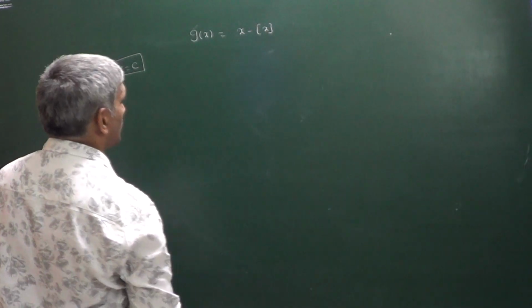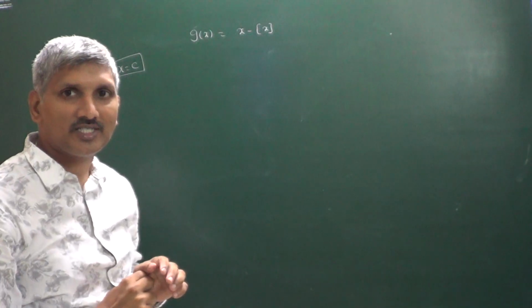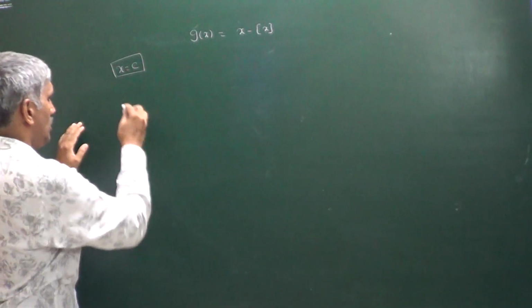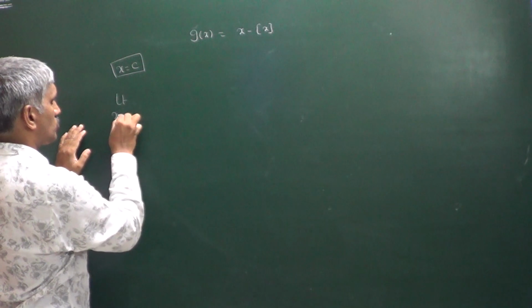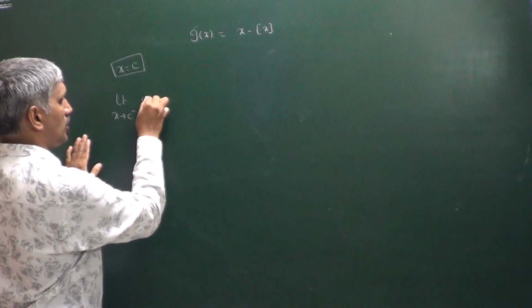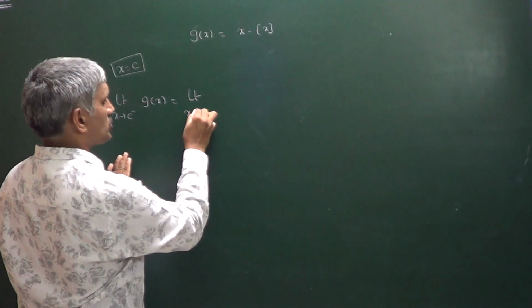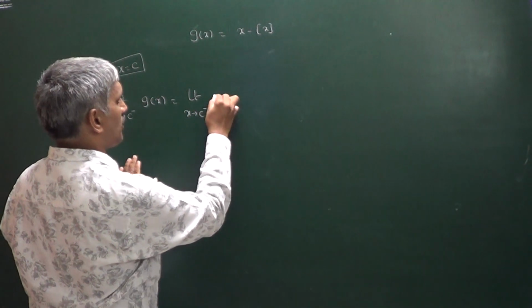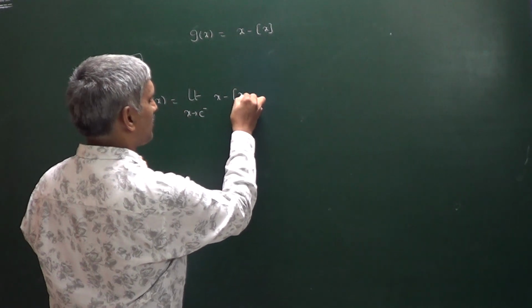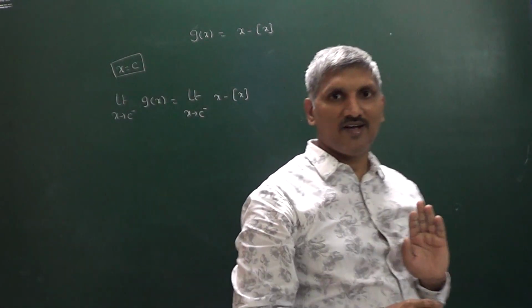Now I am checking at c minus and c plus. Now limit x tends to c minus g of x is equal to limit x tends to c minus, what is g of x? x minus integral part of x. Come on, what happens?